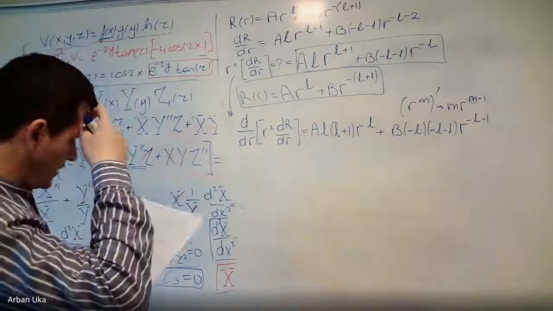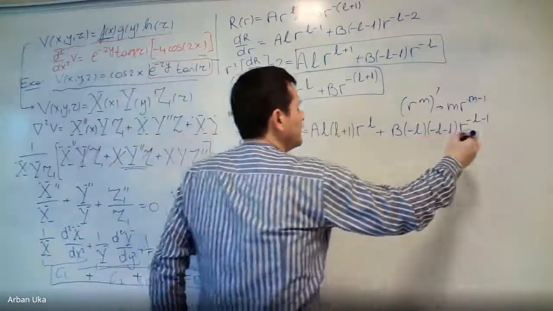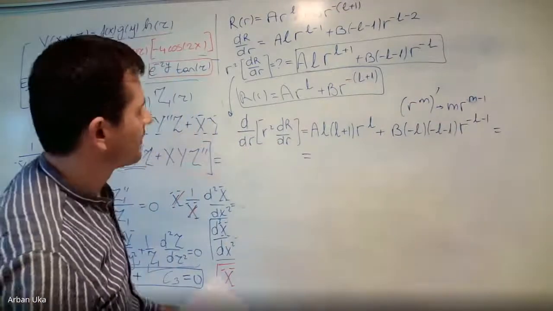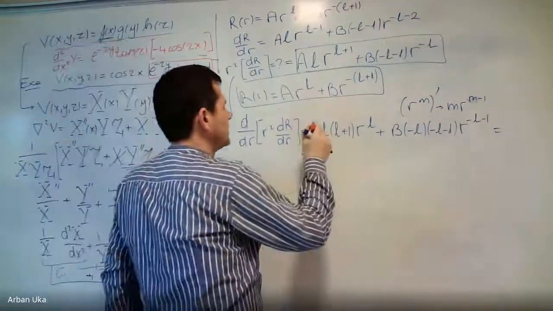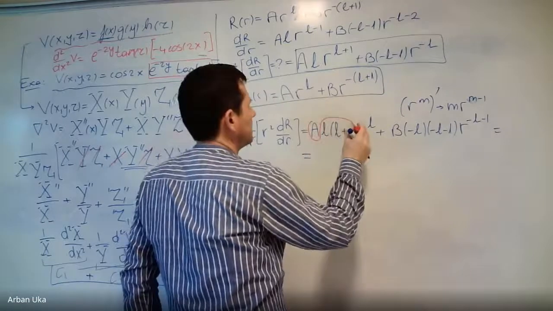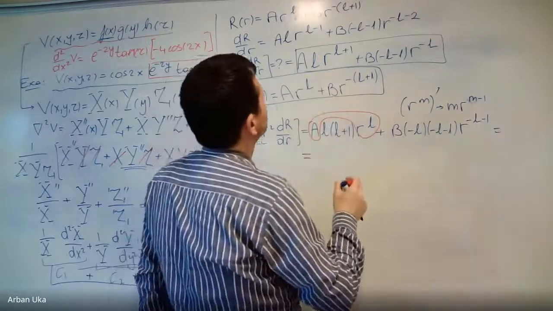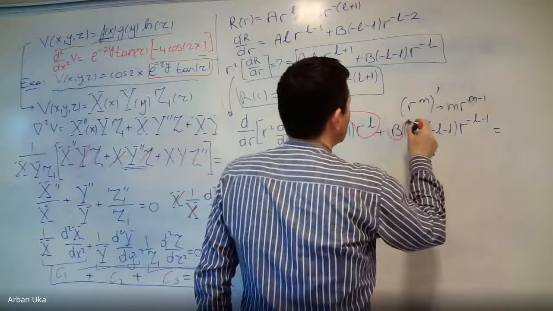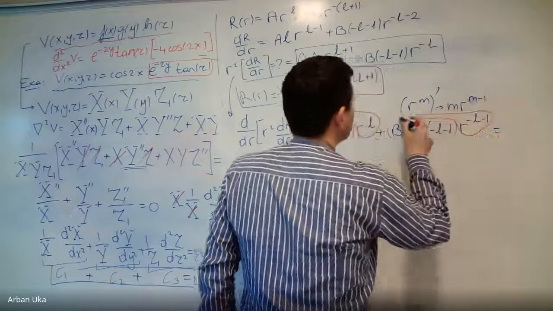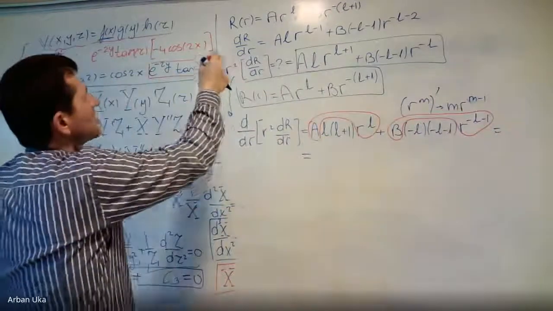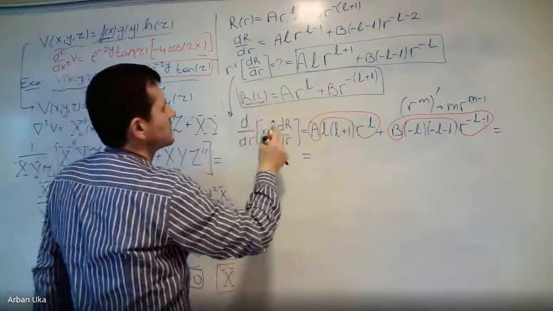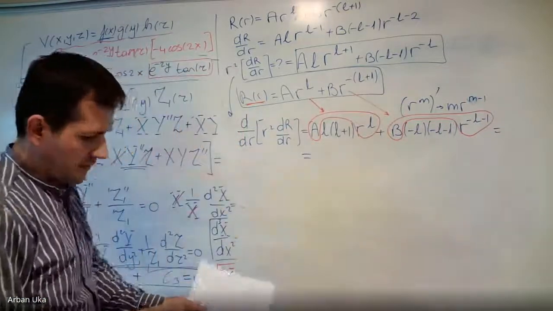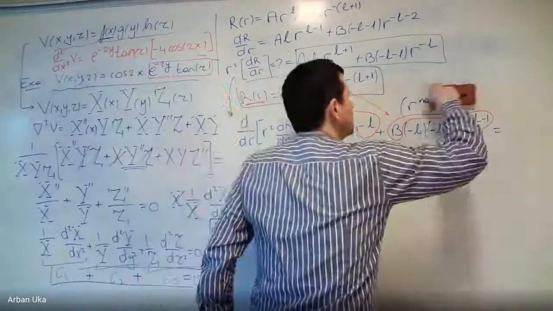And then if we look carefully, we may notice that this term, r to the power minus L minus 1 times b, and this term, are equal to the initial function. These are equal to here actually. So you can see this term is here, this one is here, and this one was written only for reference.